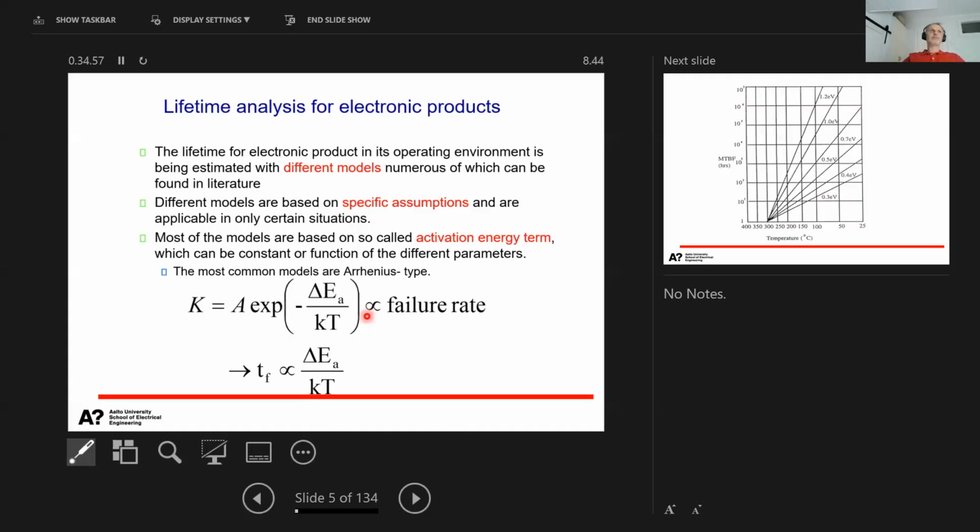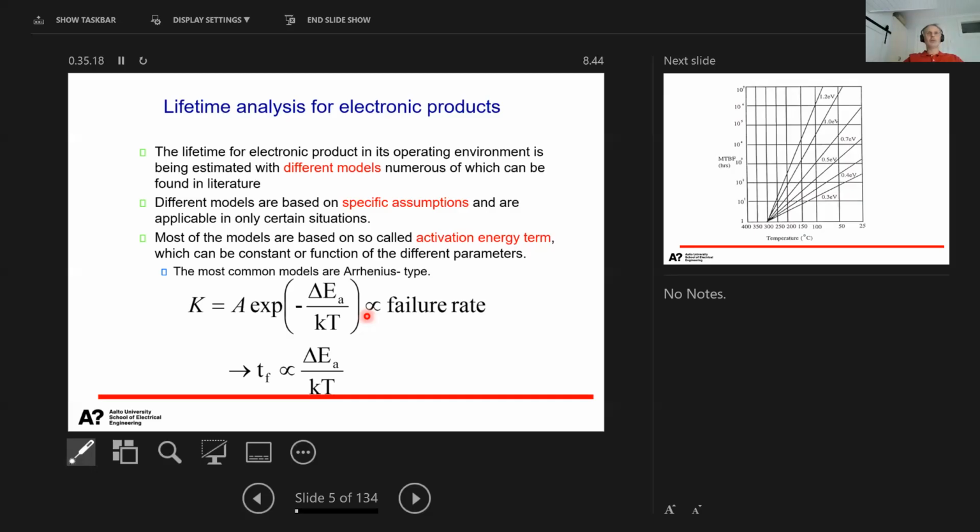Anyway, most of the events which we observe in nature are more or less thermally activated. We know that sugar dissolves into coffee better when the coffee is hot rather than cold.